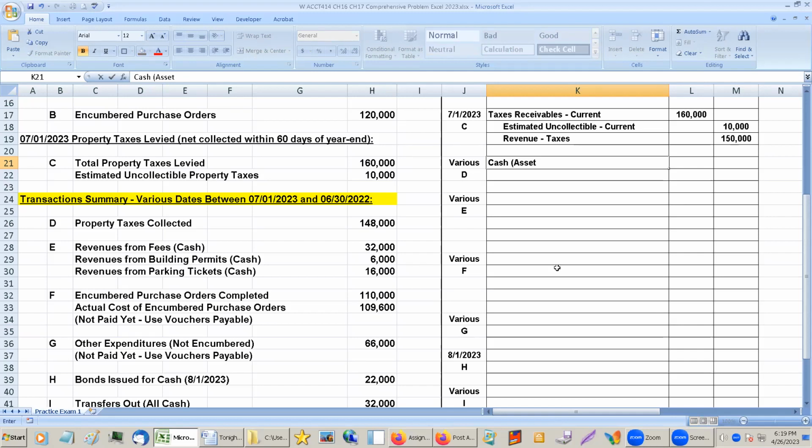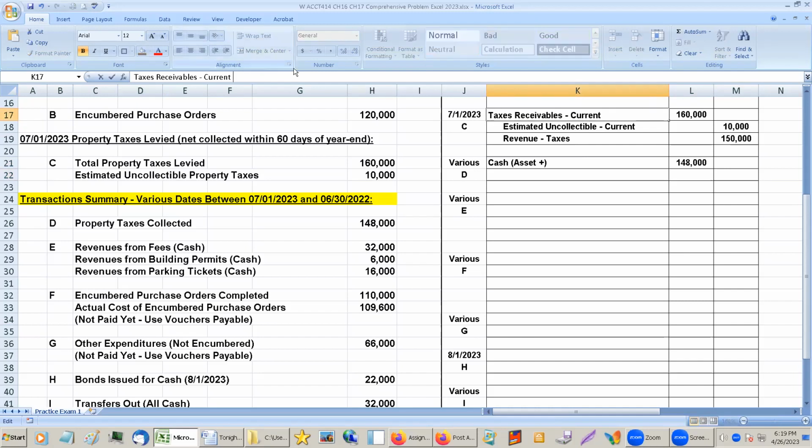Close. This is from what we've already levied up here. Oh, did you say, I'm sorry, did you say tax receivable? Yeah, okay, so let's do 148 for the cash.